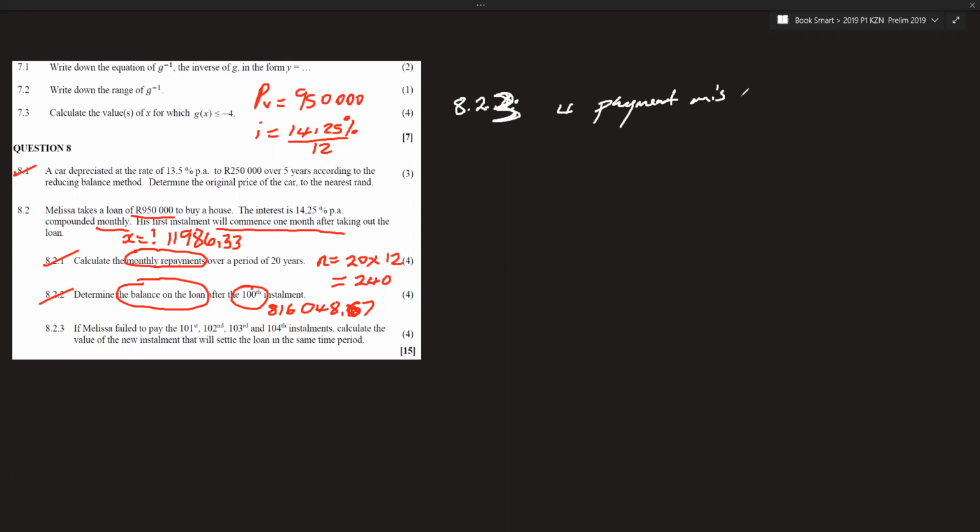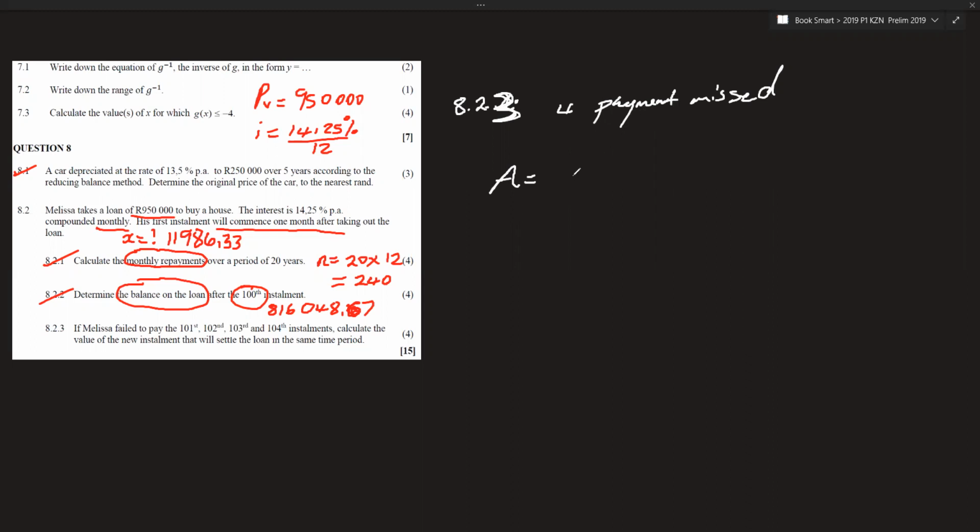Before we even read the question, what they want us to do is this: if you miss payments, the bank is always going to be adding interest on the money that you owe, and it's compounded. So they are just going to use the compound interest formula to add interest for the months that you miss paying.